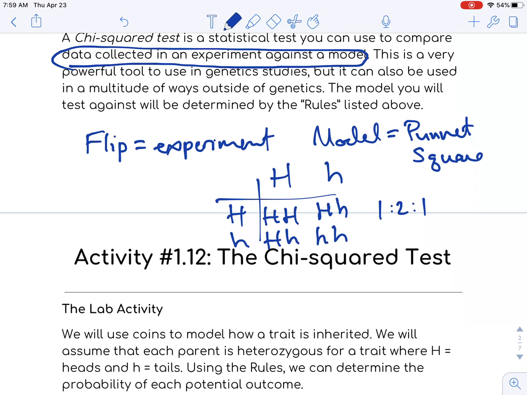So depending on how many trials we do, we need to upscale our expectations to get actual numbers. So in this case, if we're doing 100 flips, we would expect 25 of the big H, 50 of big H, little h, and 25 of the little h.